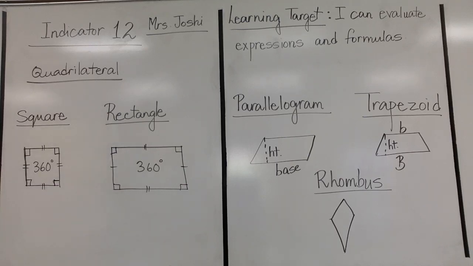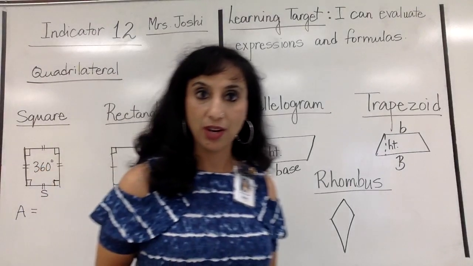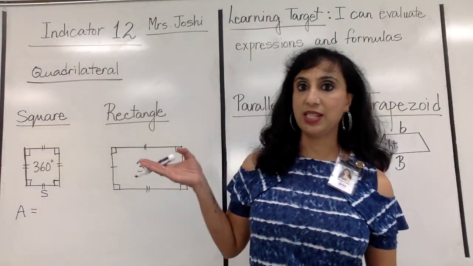All right. So if it's a square, area is, if I take this as an S, now we know it's a square, so every side has to be the same.